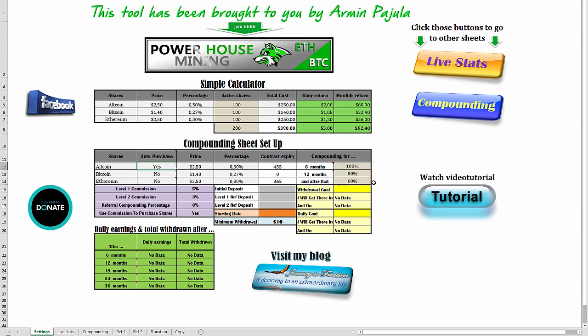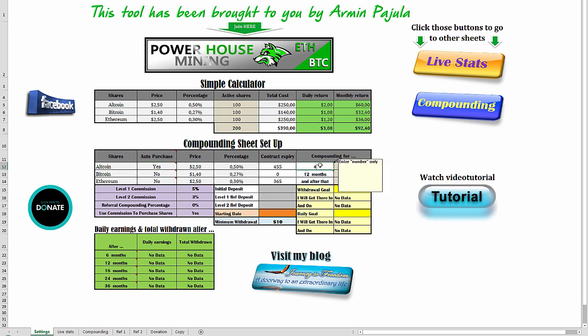And this is something new which I haven't put in any of my previous calculators, but I believe this can be very helpful to have those settings. So you can choose how much and how long you want to compound a certain amount, and you can also change the amounts.